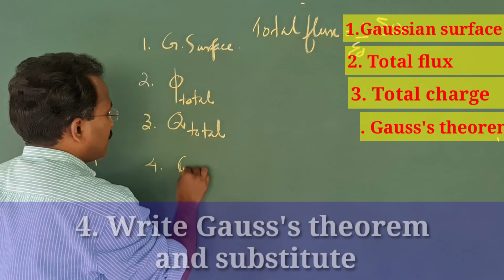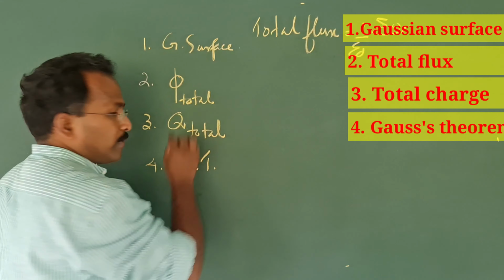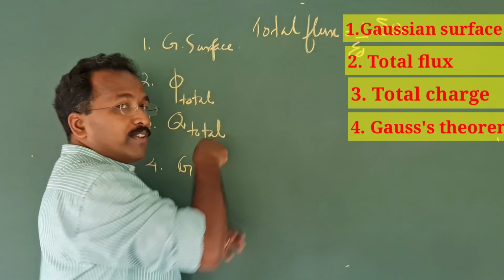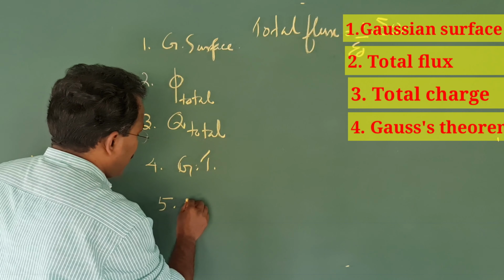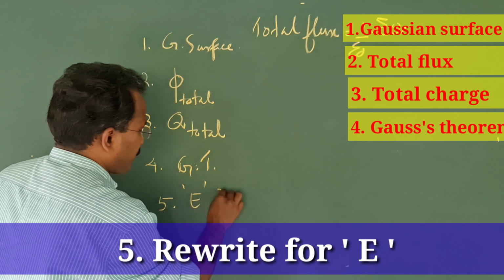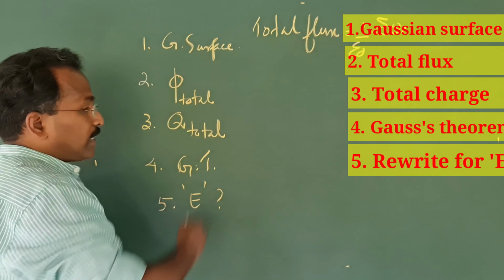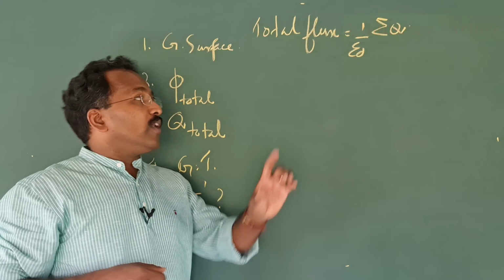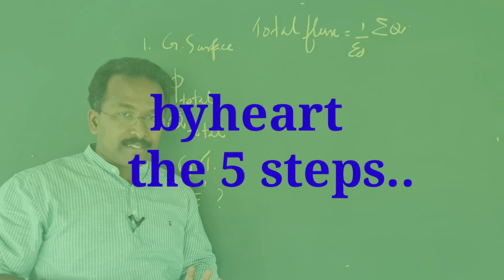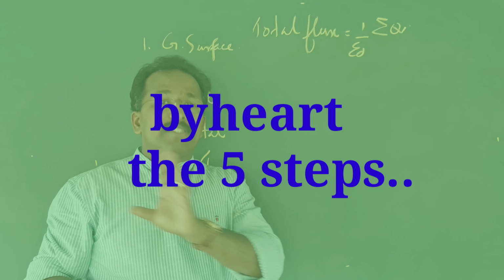So that is Gauss theorem equation. We will apply all that we found. And the fifth step is we rewrite for E. These are the 5 sequential steps through which we are going to find out the electric field in different cases. Now we go for the first case.